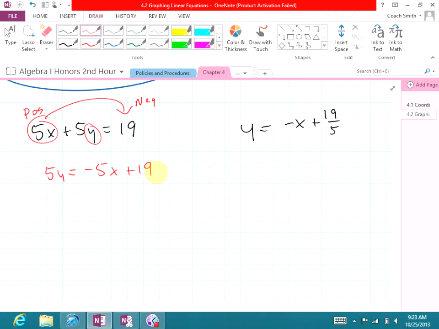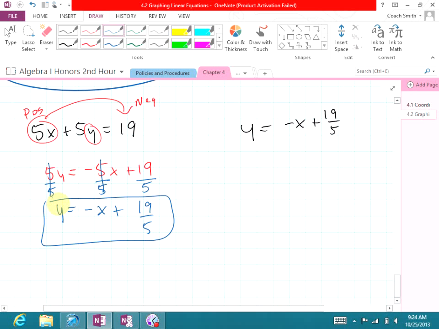So I'm left with the 5. I've got to divide by 5 to each of the terms. This cancels, leaving me with y. This cancels, leaving me with negative x plus 19 over 5. And that's your answer.